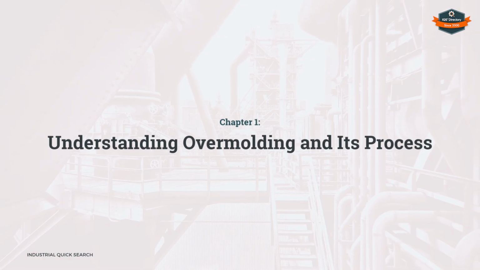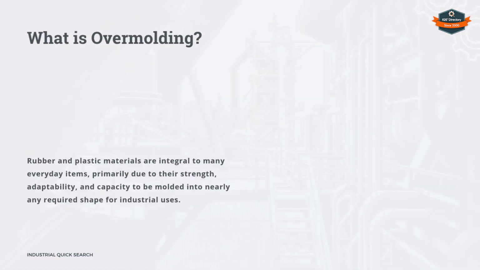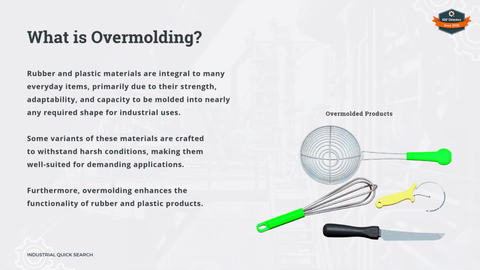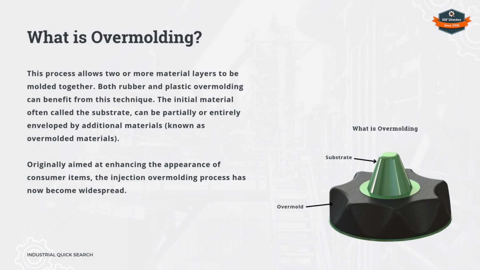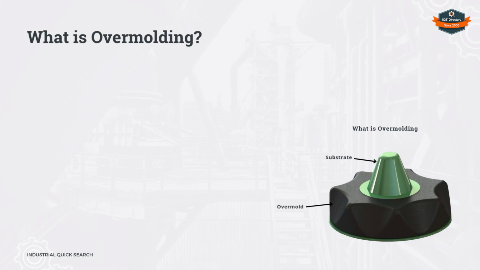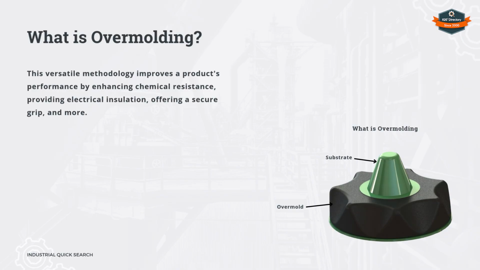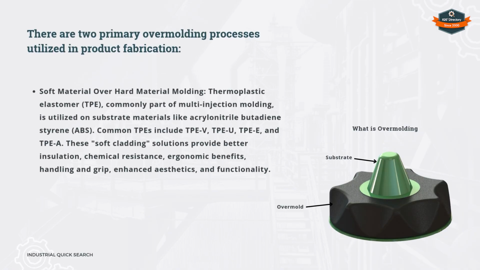Chapter 1. Understanding overmolding and its process. What is overmolding? There are two primary overmolding processes utilized in product fabrication: soft material over hard material molding.